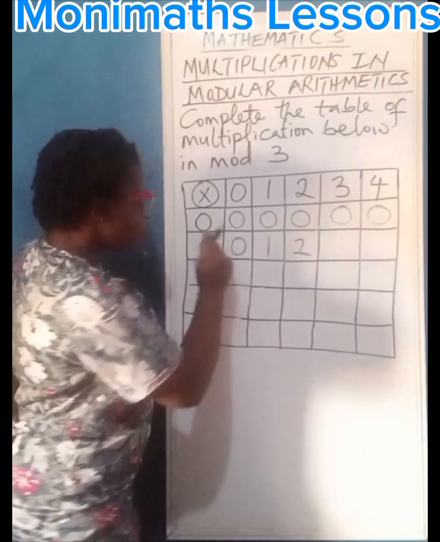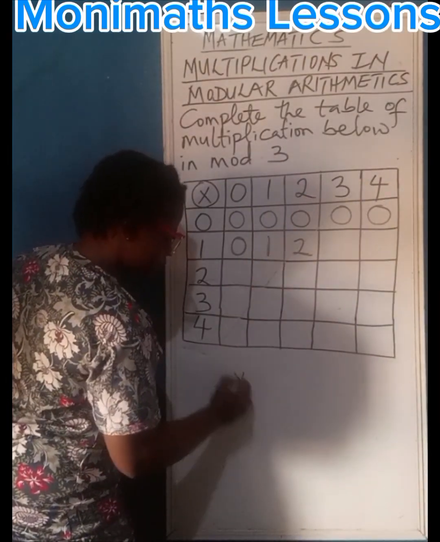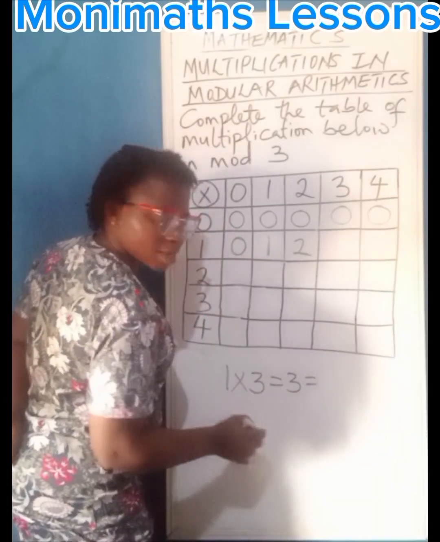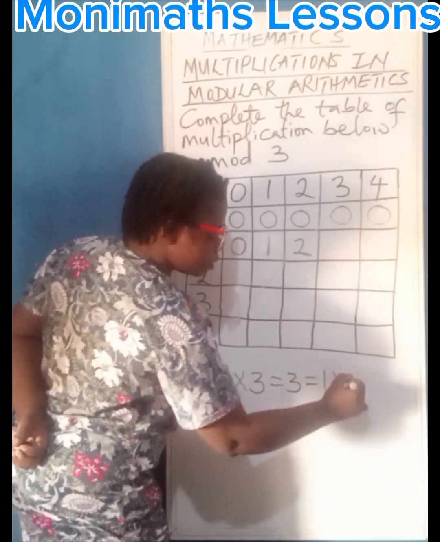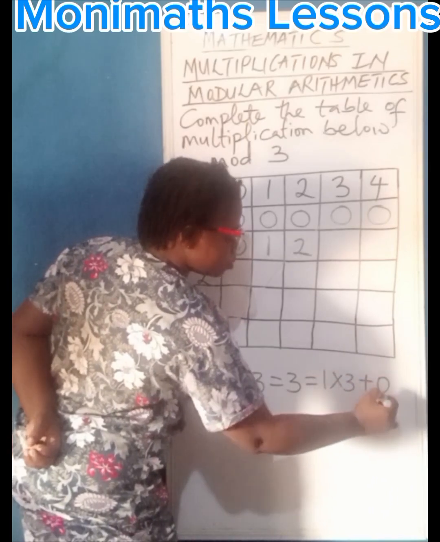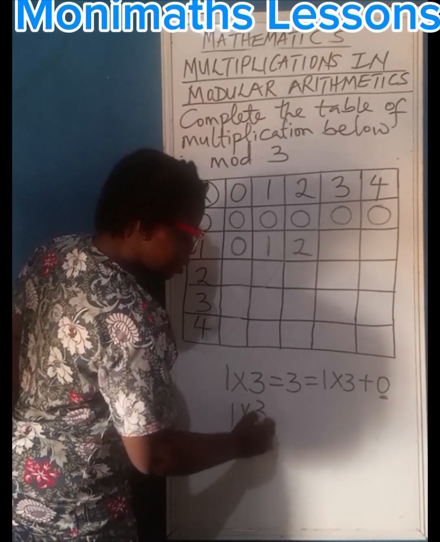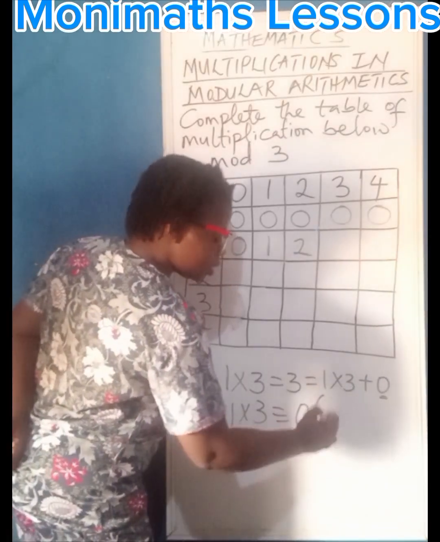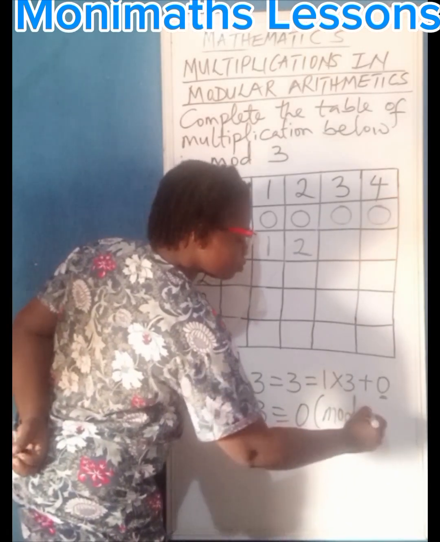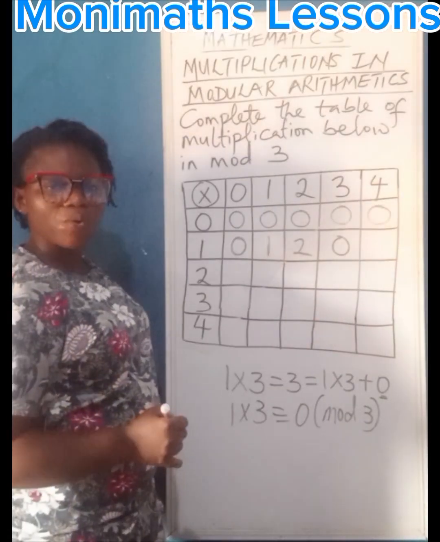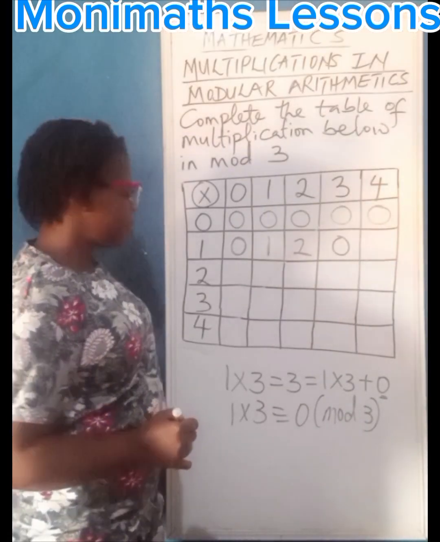So 1 times 3 is 3, which is the same thing as saying 1 times 3 plus 0. The remainder is 0. That means 1 times 3 is equivalent to 0 in mod 3. So I'll write 0. I hope you understand that.